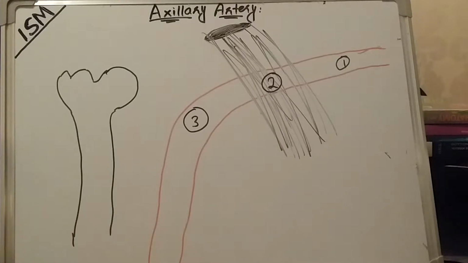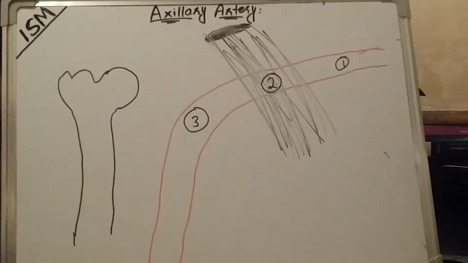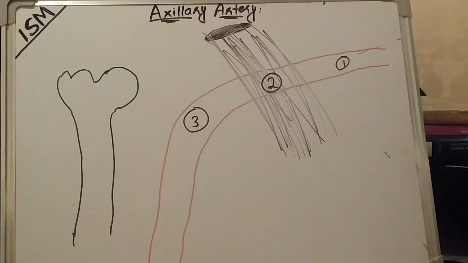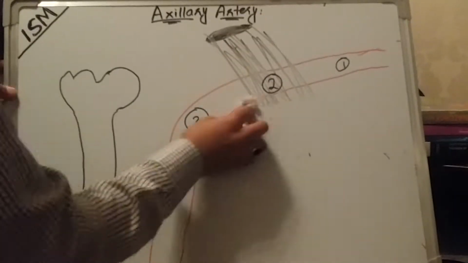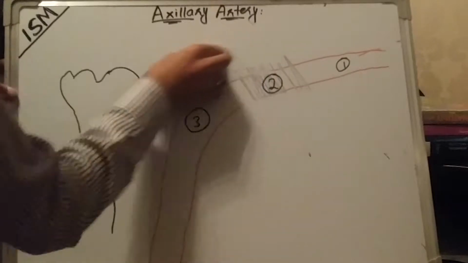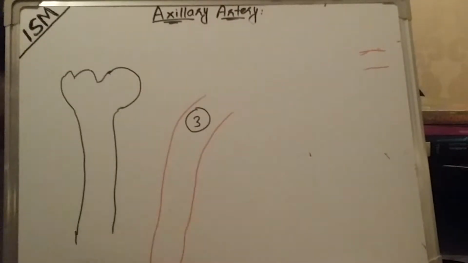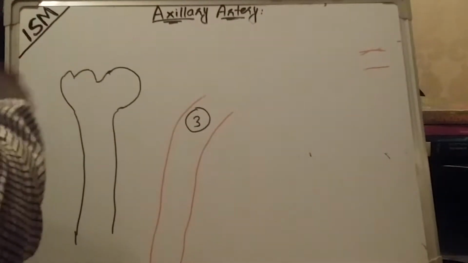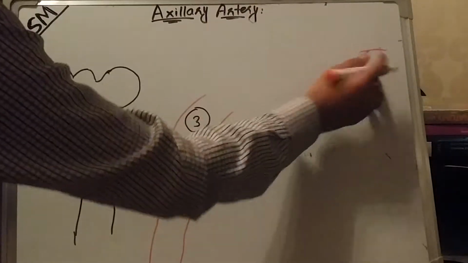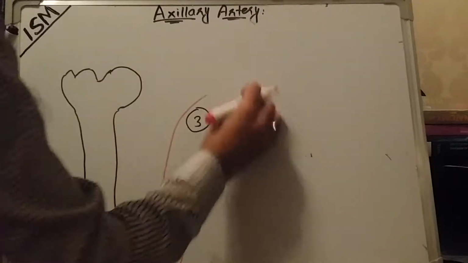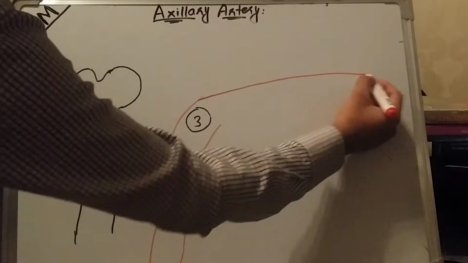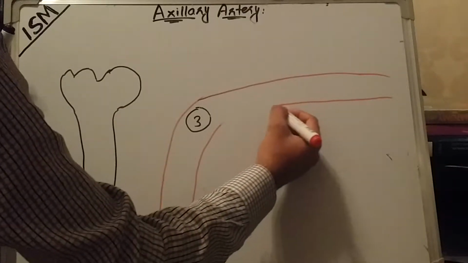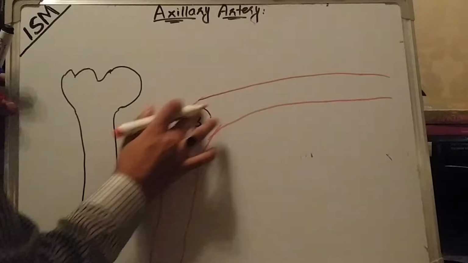First we will discuss the branches of these different regions. For this purpose I will remove this and draw the branch a little to one side, so it will be easy to see in the diagram. So this is the third region.